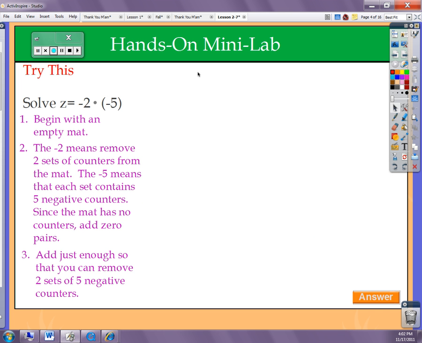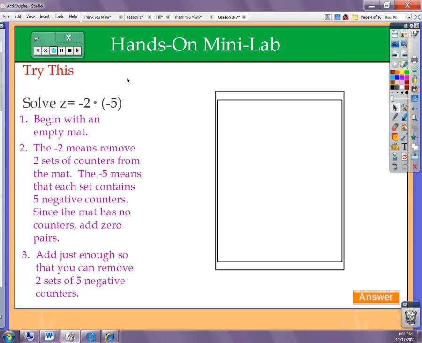Now, taking a look at a new equation, I see that z equals negative 2 times negative 5. Again, we're going to begin with our equation mat. With our equation mat, it is now empty, but the original equation tells me I must take negative 2, or remove 2 sets of counters from the mat.